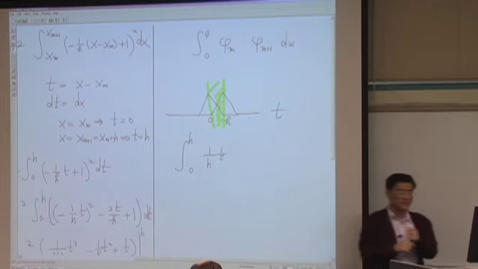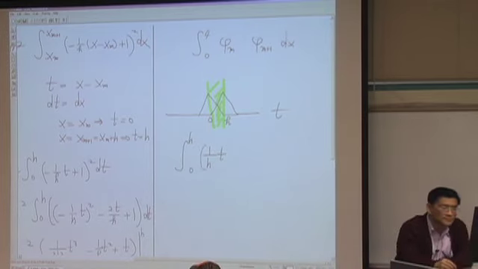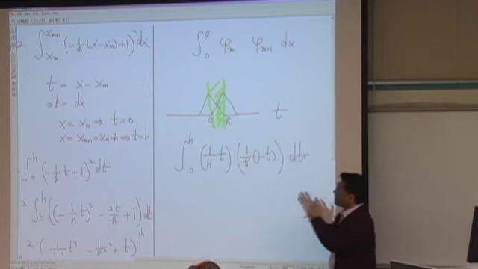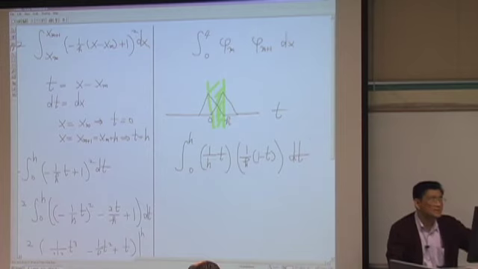And then the other function is 1 over h times (1 minus t). I translate it the same way as this one. Instead of considering xm, I consider t. Then instead of considering xm to xm plus 1, we are considering 0 to h with this translation.